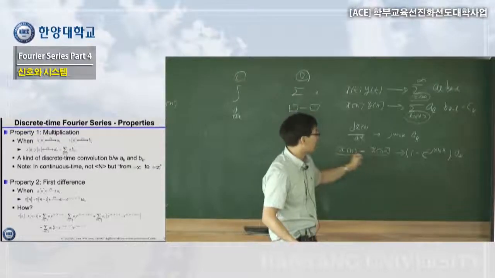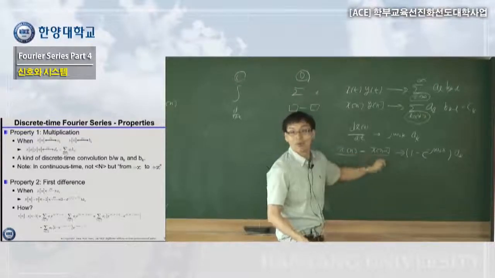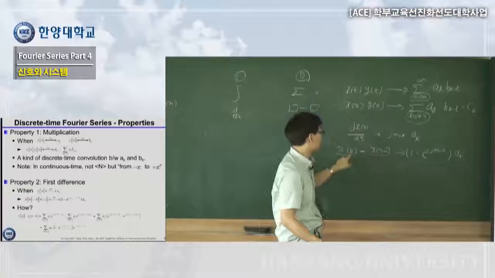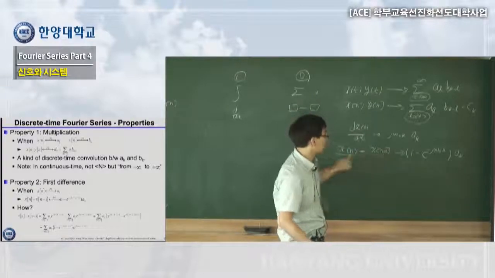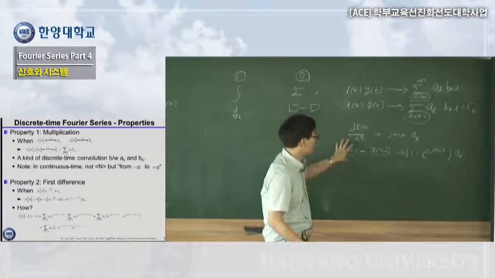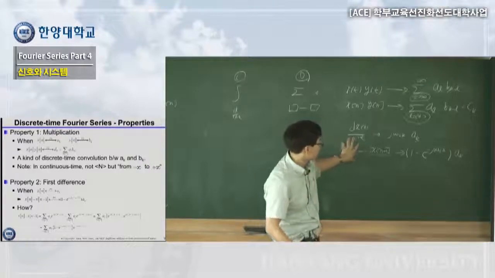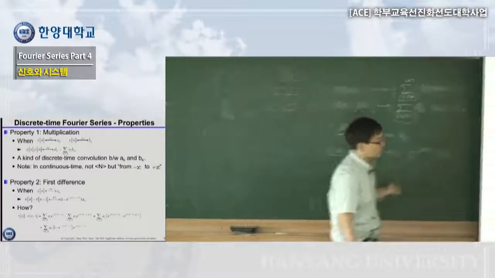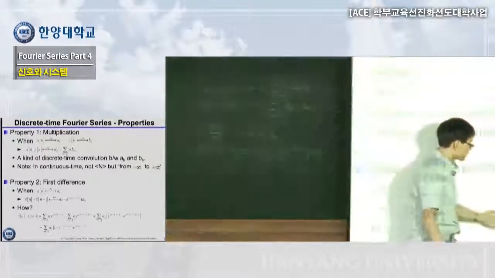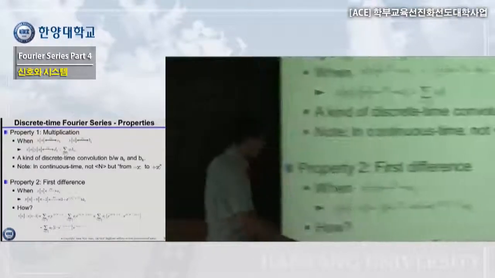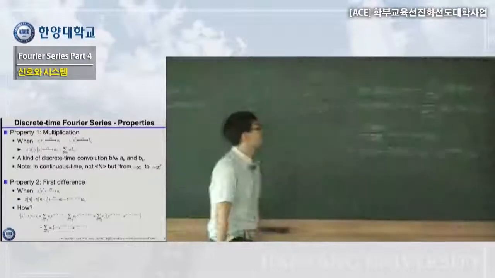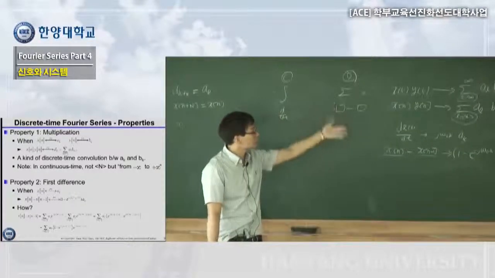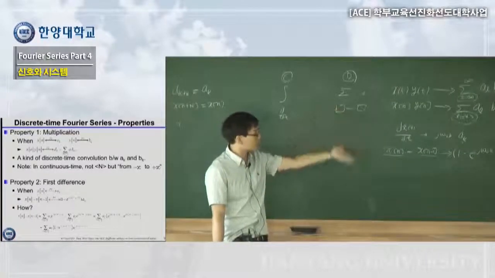In here, they are separated by n minus 1, so a spacing of 1. So what you do here is take this one minus the time-shifted version of this, and put them in here. That's what you can see here. All right? So those two are slightly different from continuous time.